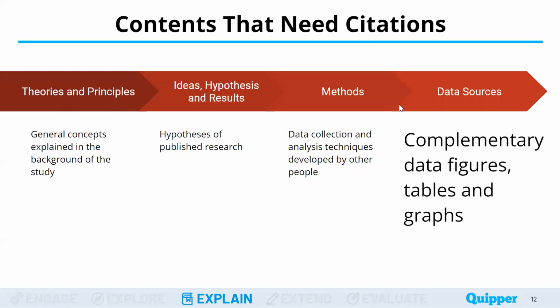Okay. Data sources, complementary data, figures, tables, and graphs. Ayan. Isa sa mga sample na nakuhaan natin ng review of related literature is yung frameworks natin. Diba? Meron tayong theoretical frameworks. Yung if natatandaan nyo, yung isa is yung Maslow hierarchy, and then yung isa pa yung life cycle theory.